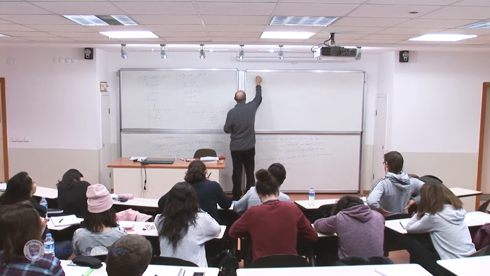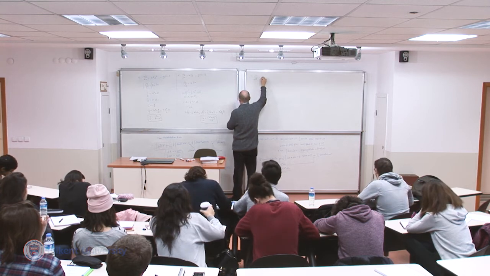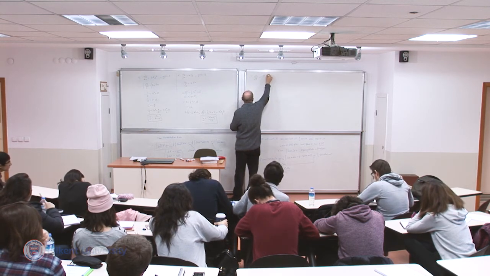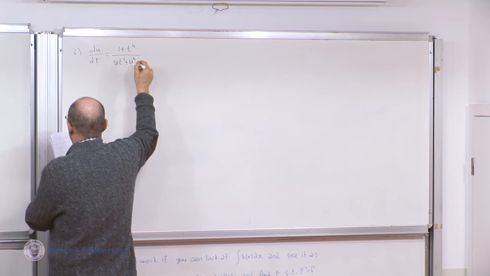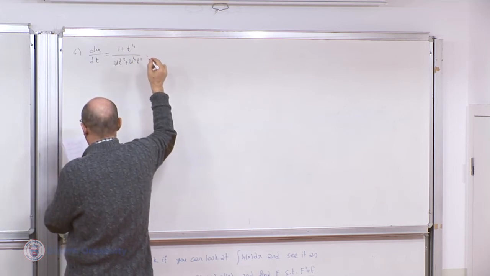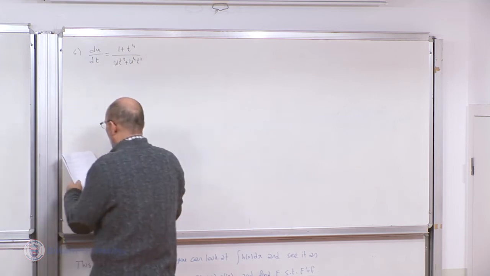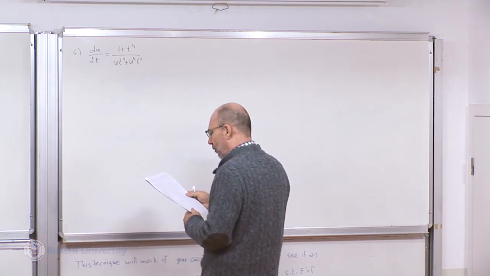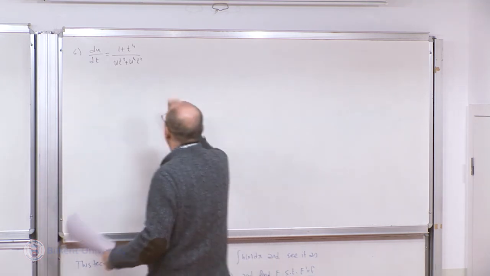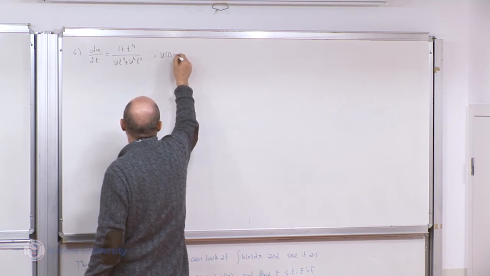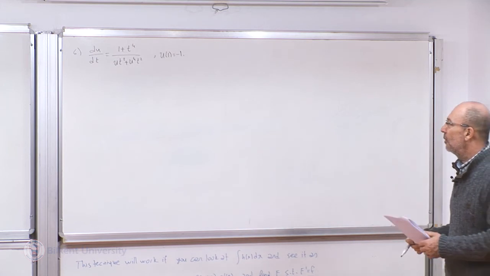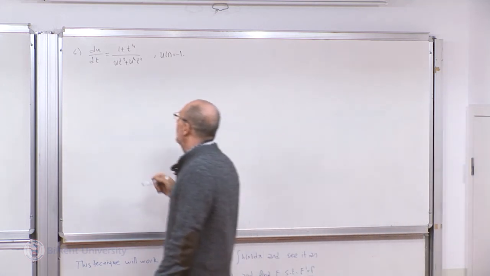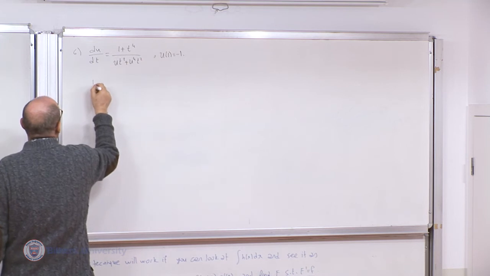So this is du dt is equal to (1 plus t to the power 4) divided by (u t squared plus u to the 4 t squared), and I have u(1) equals minus 1. Okay, so it looks complicated, but we can simplify this part.